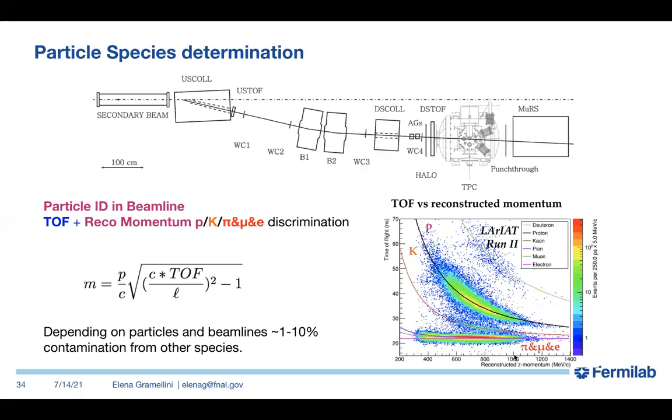These are pions, muons, and electrons. These are kaons, and these are protons. And this is deuteron. You can do cuts and select all events of the particle species that you care about. There's a 1 to 10% contamination, depending on the particle, in the identity of the particle that you're selecting.